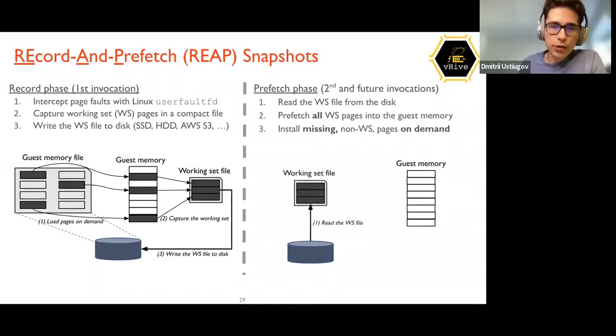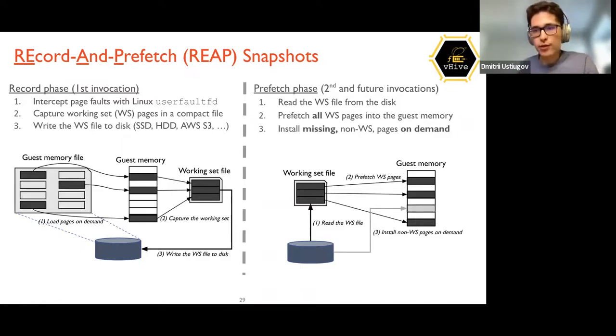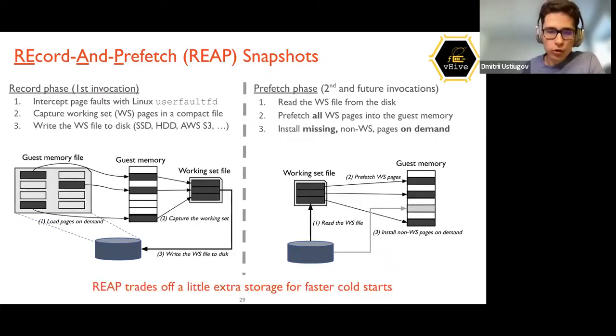So first, the entire working set file is read from the storage in a single I/O operation. Then all of these pages are installed eagerly at once into the guest memory. And this allows us to avoid the bulk of the page faults, except for the rare accesses to pages outside of the working set, which are still retrieved from the storage on demand. And this way, REAP snapshots accelerate all the cold starts after the first invocation, at the cost of a little extra storage.